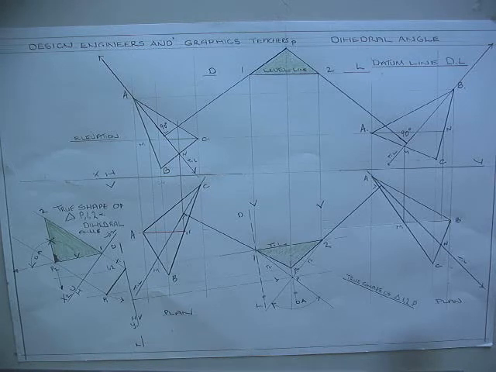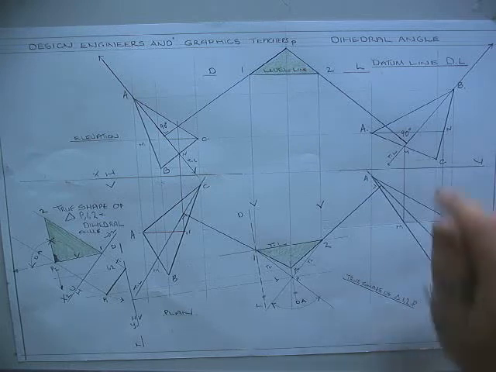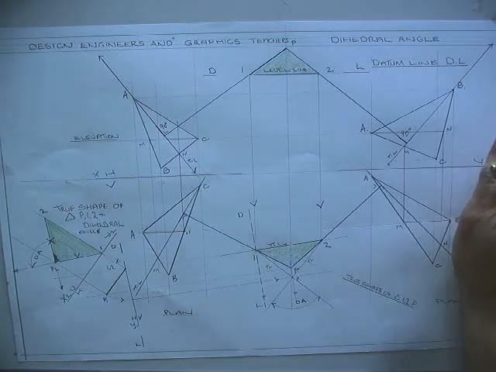planes. Okay? Now, before I do that, we need to know that a geometric theorem tells us that all planes containing a line perpendicular to another plane are themselves perpendicular to the other plane.